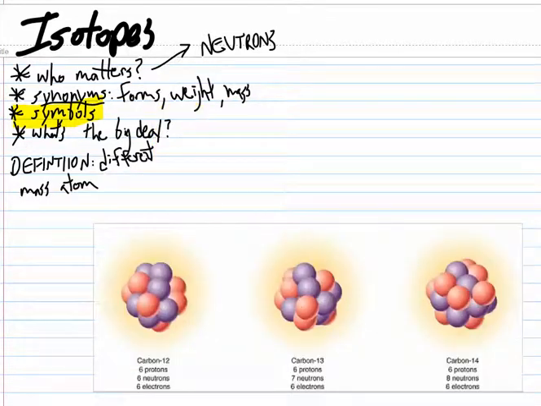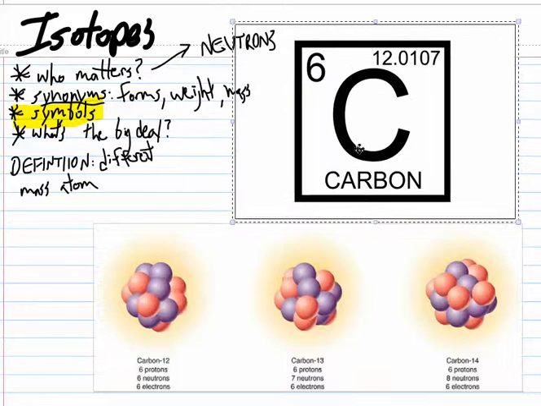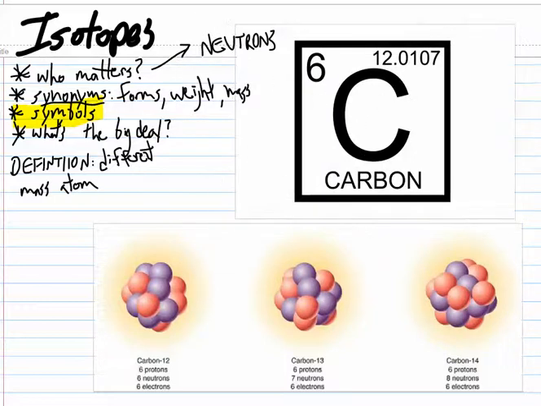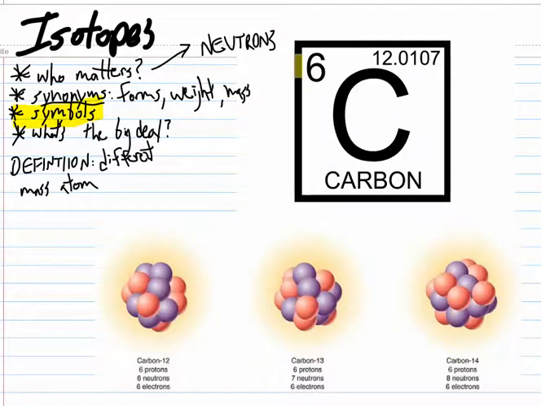So let's tie this in with the periodic table just for a minute here. I just got this offline. So right here is the symbol for carbon, and we know that the atomic number is 6. We've already said that everybody here has 6 protons. We knew that. And then look at this number, the mass number. This is 12, and I see a 12 right here, but this is 12 point something. It's 12.0107. So what can I guess from that?